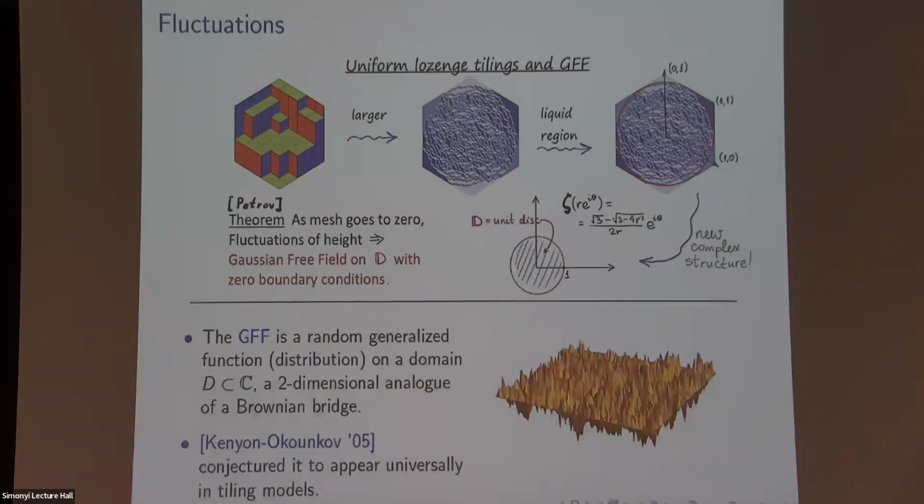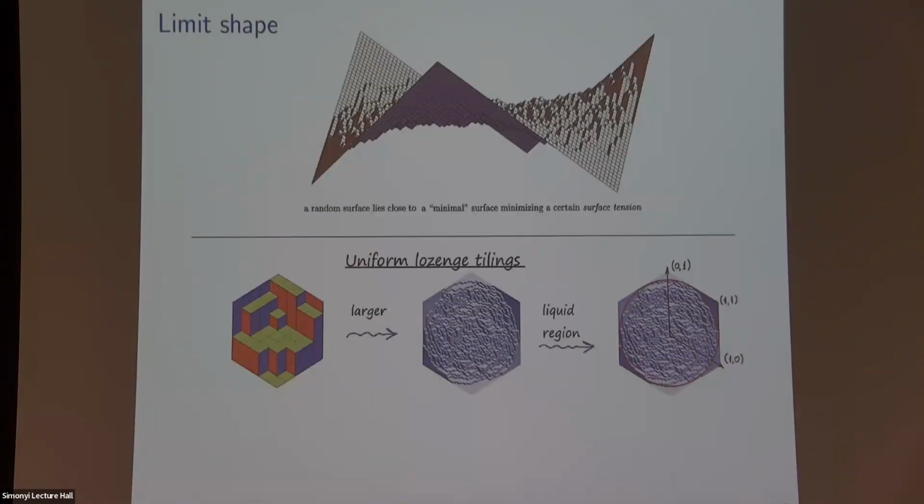Good question. There is a general conjecture of how to describe this map. This map takes into account two things. First of all, the limit shape, which you need to identify in each concrete setup, and also the lattice and weights which you started with. The limit shape is not a circle here. No, the limit shape of the height function, it's some surface, the whole limit shape, not just the liquid region.